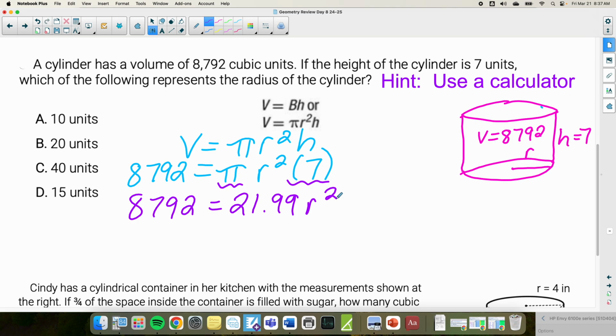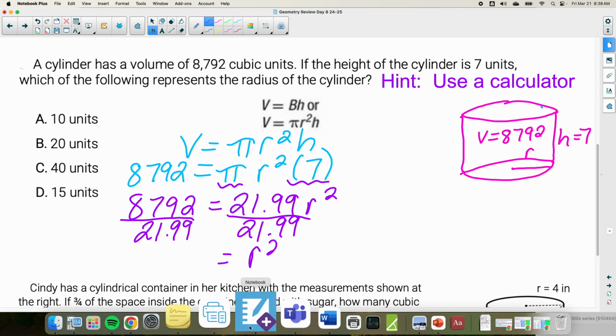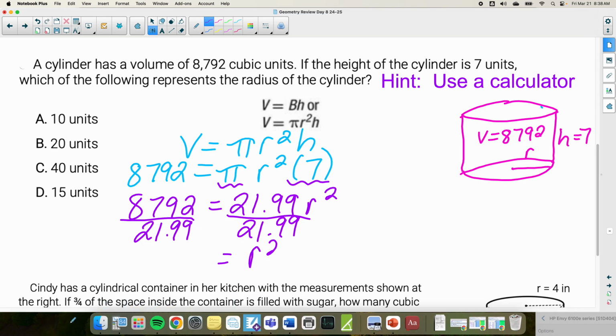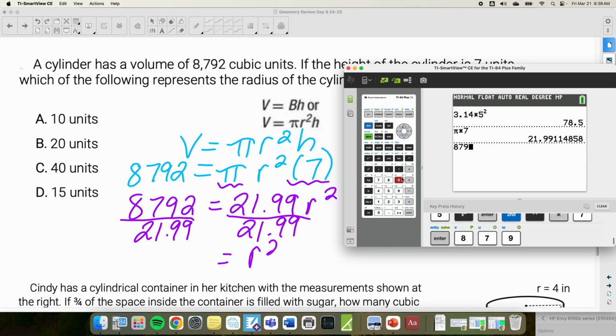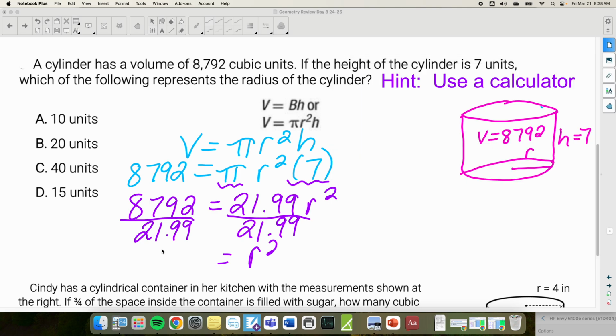Okay. That was our pi times 7, and then we have r squared. Okay. Now what I would do is divide by 21.99. When I do 8792 divided by 21.99, I get 399.82.